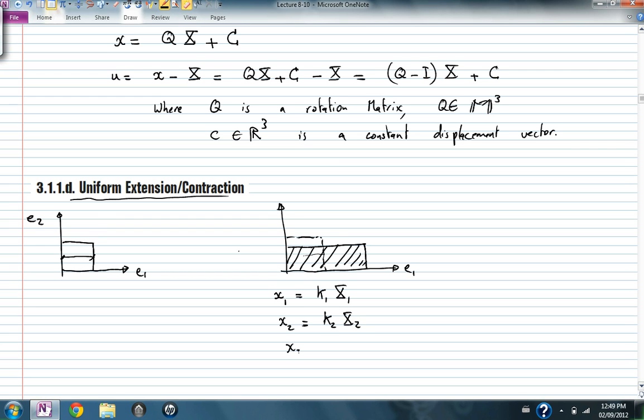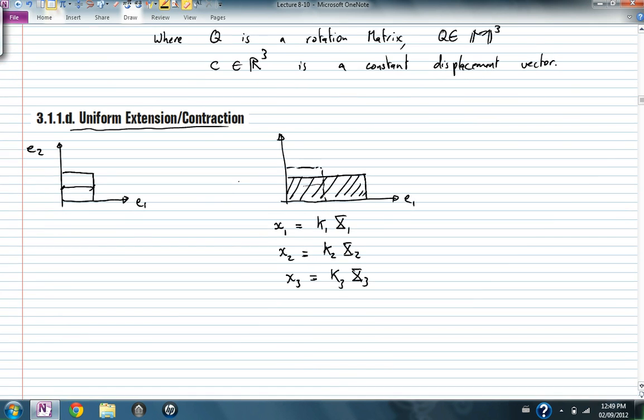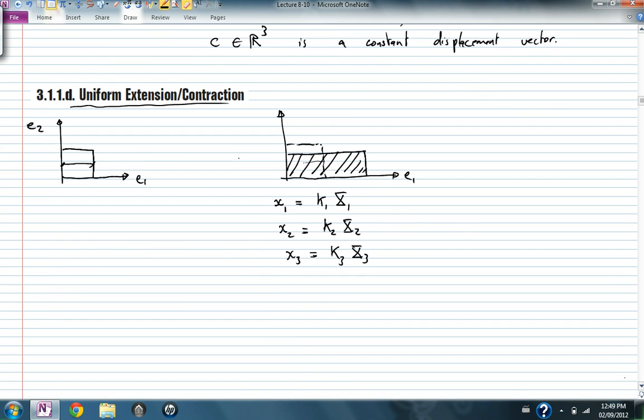The new position x3 is equal to a multiplier by X3. In this case, the new position vector x, so this is omega naught, this is omega, k1, k2, and k3 are real numbers.